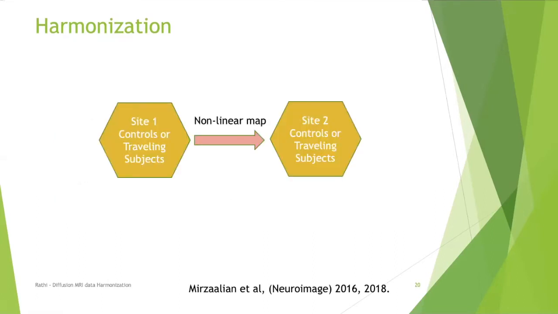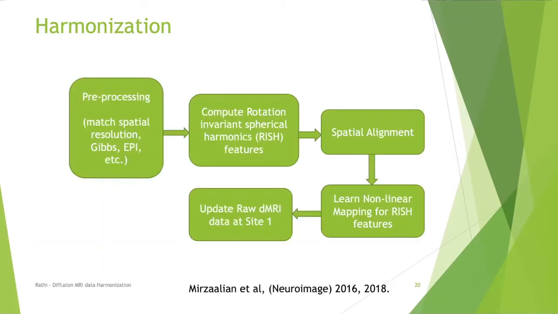So I'm now going to give a brief overview of the work that we did, and more or less, it starts with site 1 and site 2. You either have matched sets of controls at both sites, or you have traveling subjects from both sites, and you want to learn a nonlinear mapping between the 2. The way we go about doing it is that we first pre-process the data.